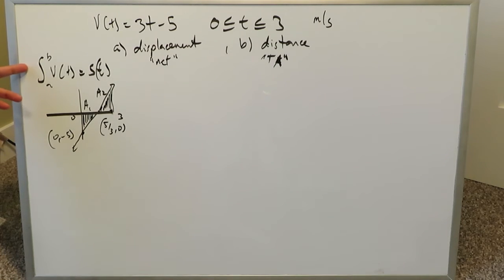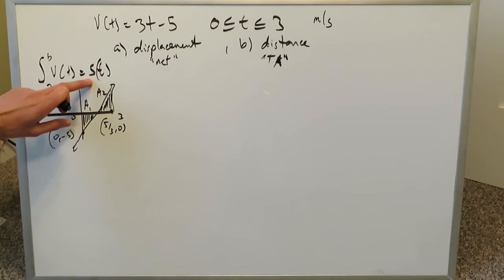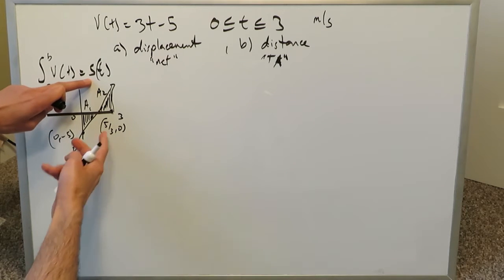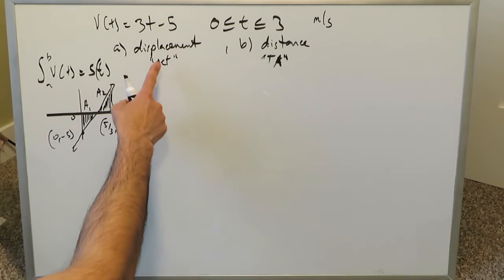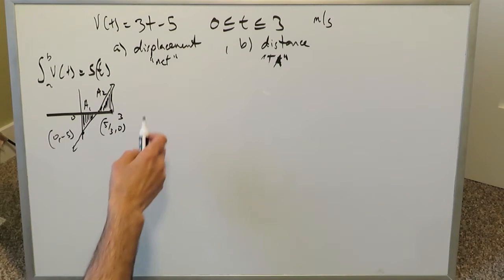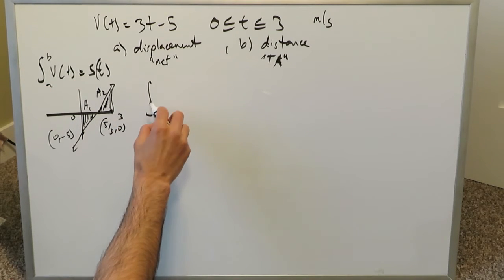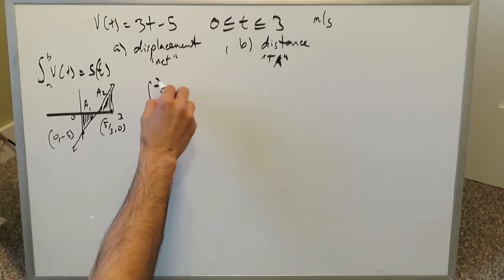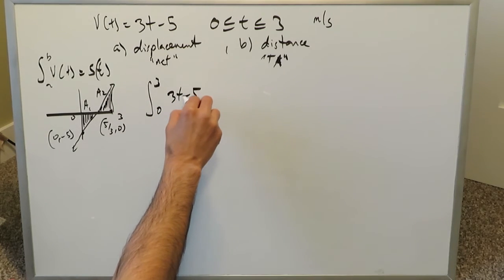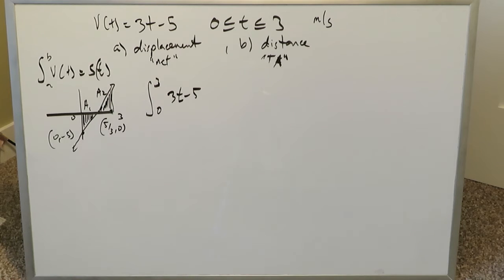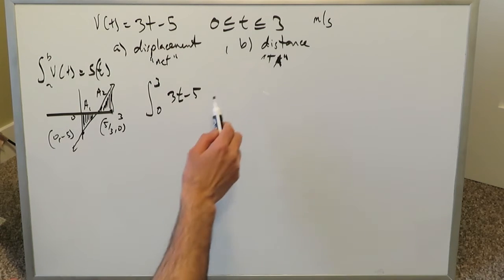Always think back to this: the integral of your velocity function will give you your position function. The position function can be managed such that you can get both displacement and distance. If you take your velocity function 3t minus 5 over the interval 0 to 3, when you're talking about displacement, you can have positive or negative answers. When you're talking about distance, you should only have a positive answer.